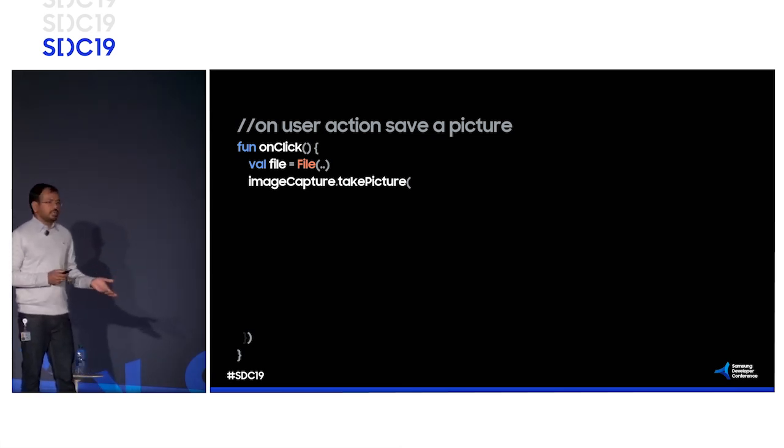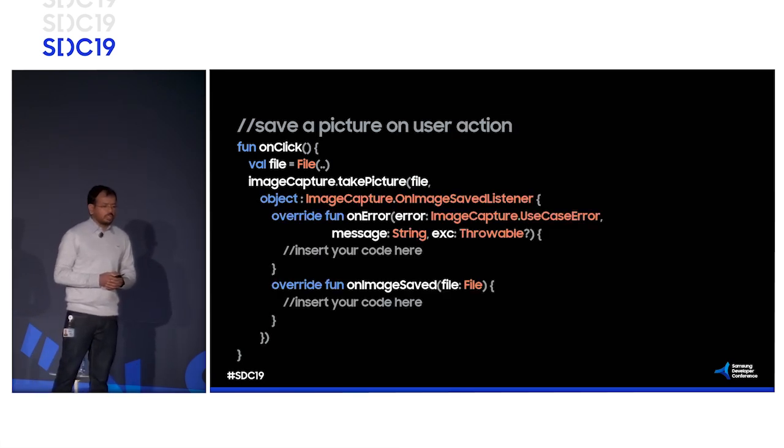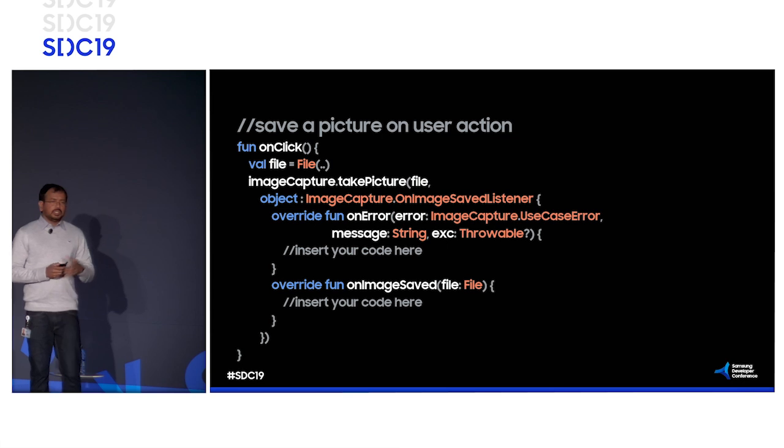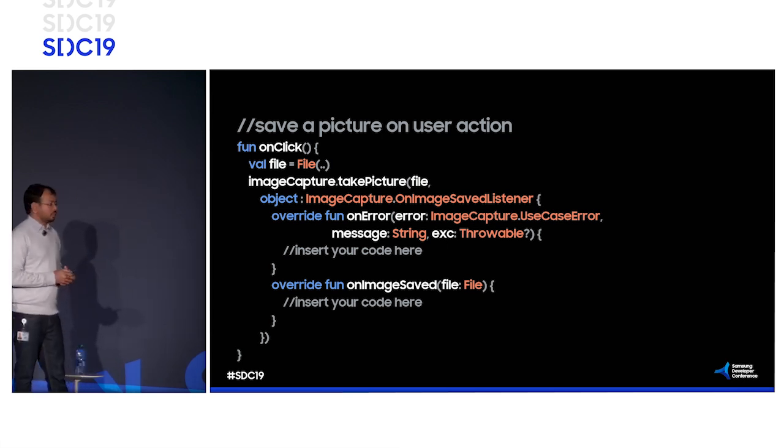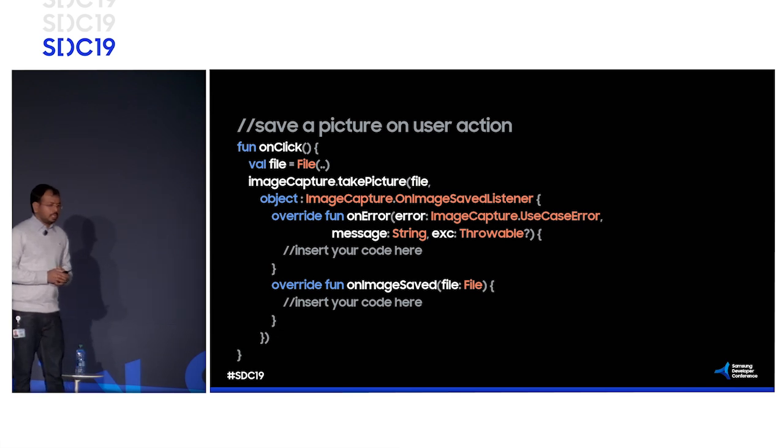As you can see again here, the APIs are very simple, and the use case approach makes it easier to develop and code. In the takePicture API, you can set the listeners or callback functions where you can handle what needs to happen if there is an error or what needs to happen after an image is taken. I'll leave this for a second for you to see how simple the code is.